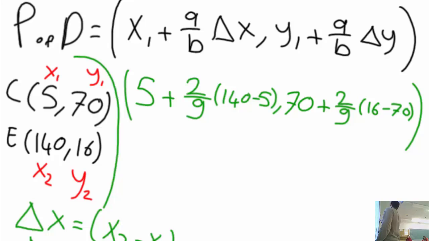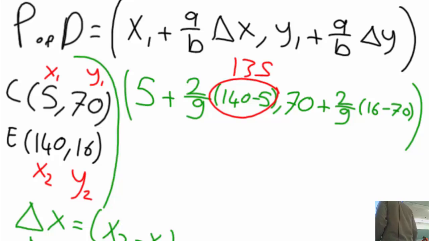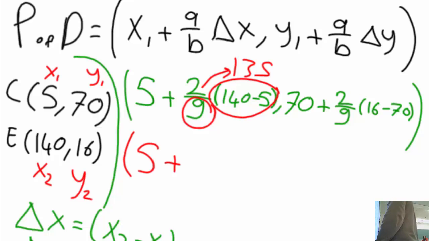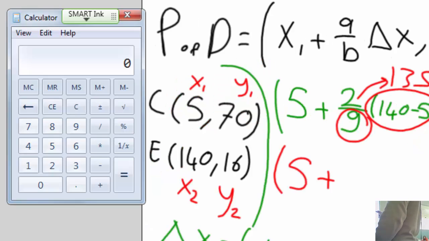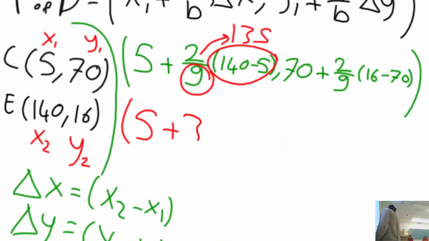First, I need to figure out 140 minus 5, which is 135. And what is 2 times 135 divided by 9? 2 times 135 is this, divided by 9 is that, 30. So this is 30, and I got the comma there.